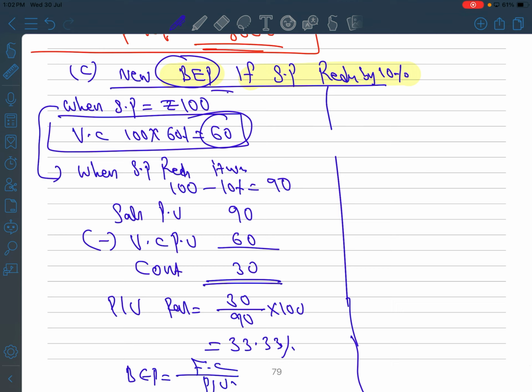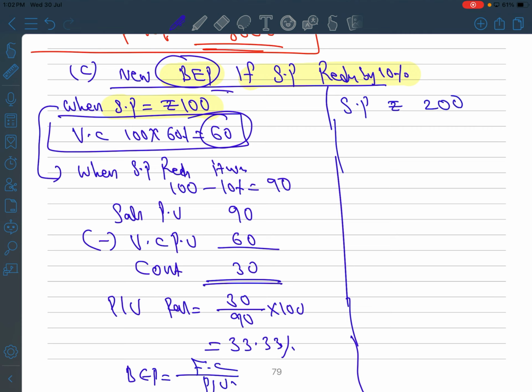Do you want much better clarity? The same question I will do another way. Listen. You may ask, sir, why did you take selling price as 100? Here I am going to take selling price as rupees 200.